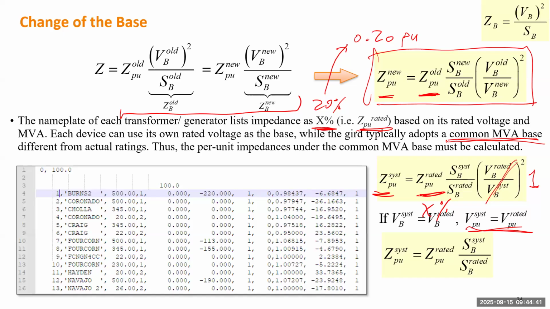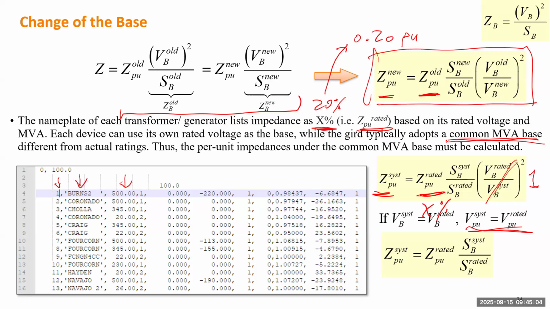Okay. Here is one example from the actual model of a power system in the US. That's a standard data format of the network or power flow data. You see this first column is just the location number, and this is the location name.